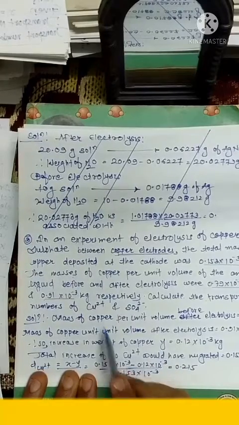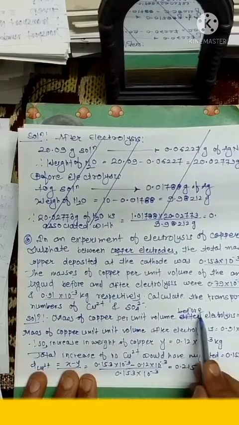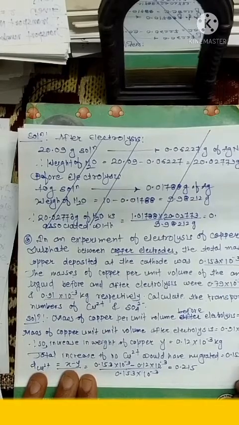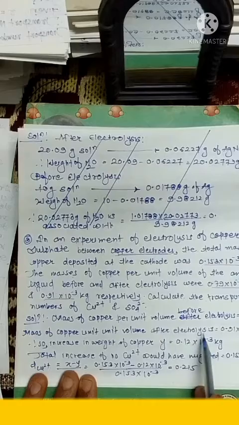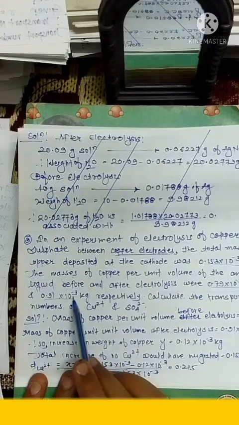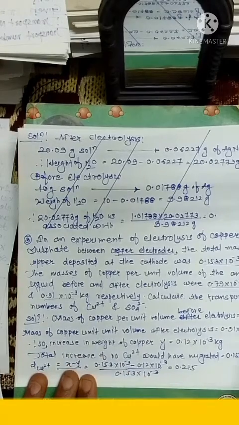So, the mass of copper per unit volume before electrolysis is given: 0.79 multiplied by 10 raised to the power minus 3 kg. The mass of copper per unit volume after electrolysis is also given, that is 0.91 into 10 raised to the power minus 3 kg respectively.